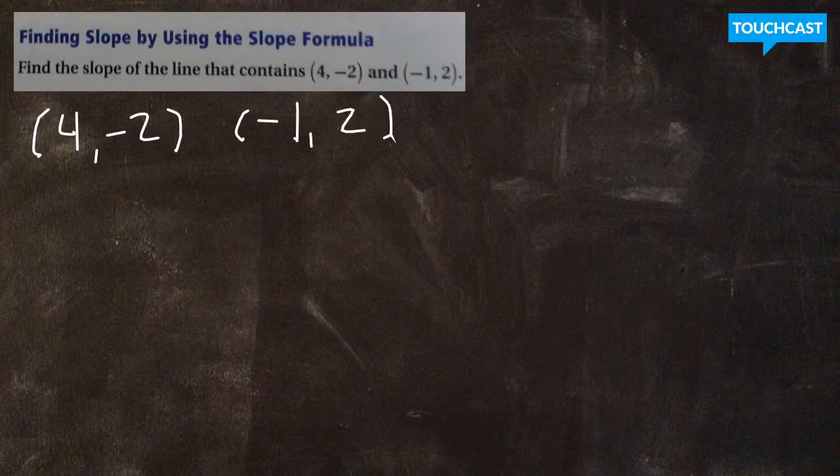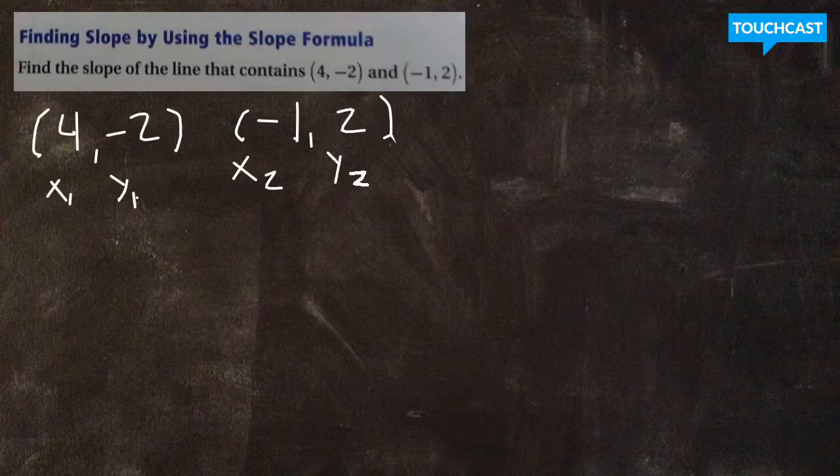I go and I write underneath each of those points x1, y1, x2, y2. So let's just use 4, -2 as our first point. So we'll call 4 x1 and we'll call -2 y1, which means we'll call -1 and the other point x2 and the 2 y2.